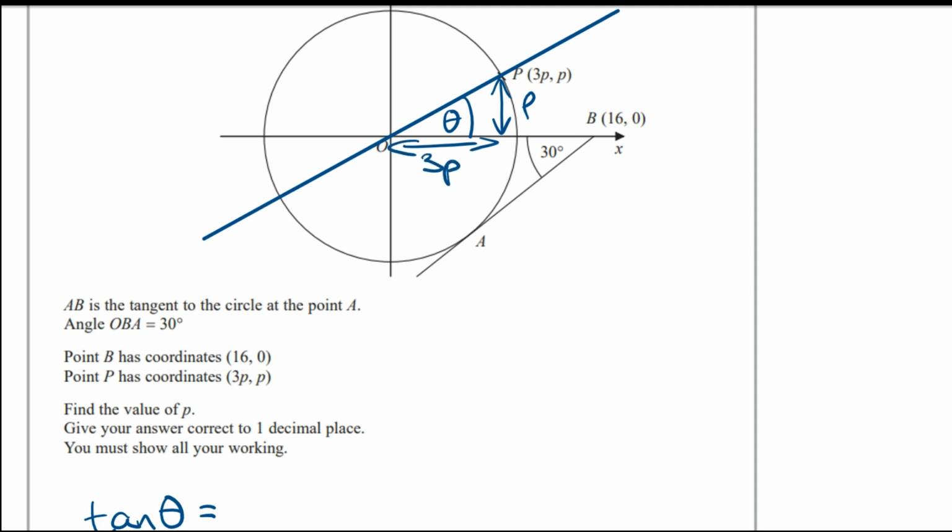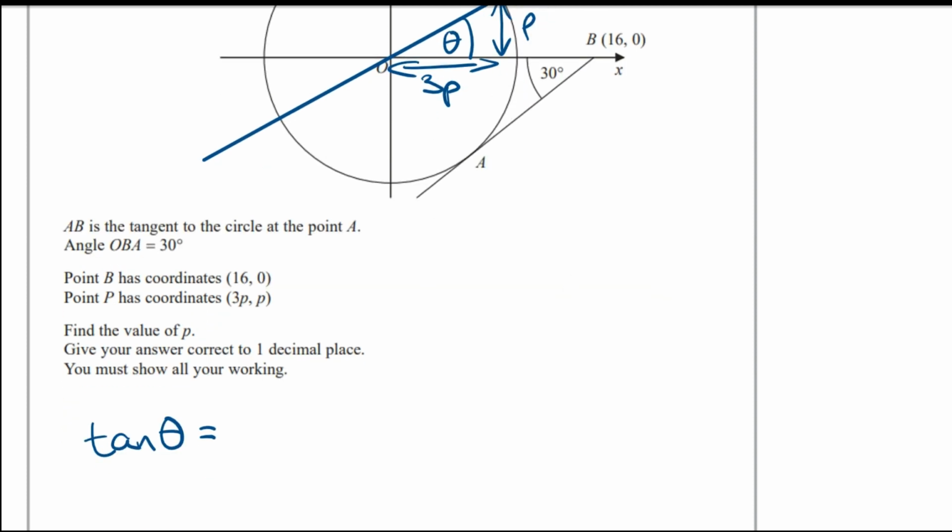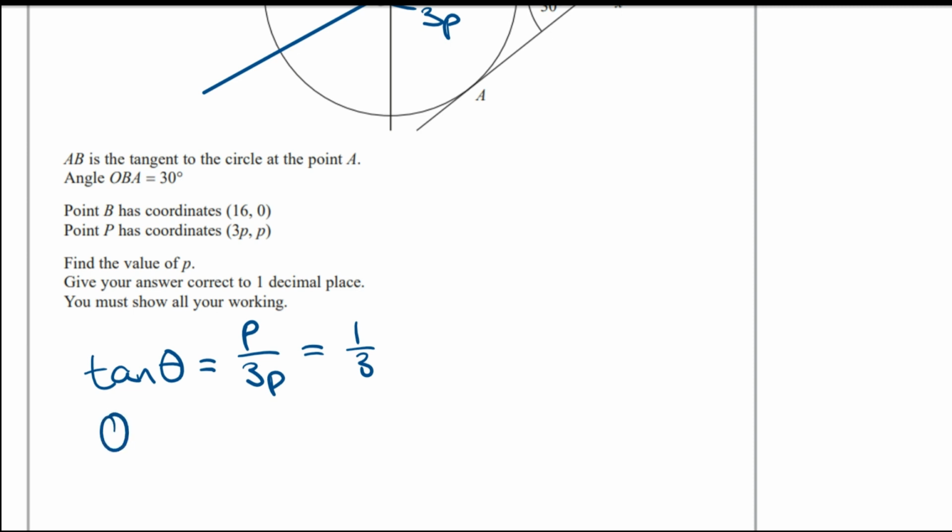That makes sense because our x value is 3p and our y value is p. So this gives us 1/3, because you can see the p's cancel, which means that theta is equal to inverse tan of 1/3, which I'm just going to figure out right now.